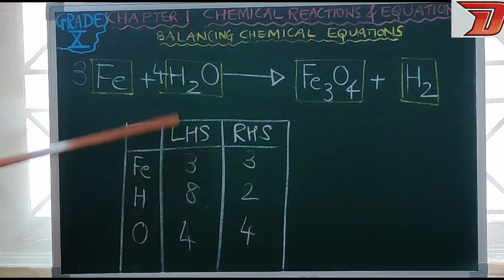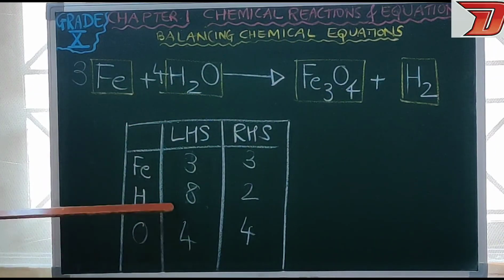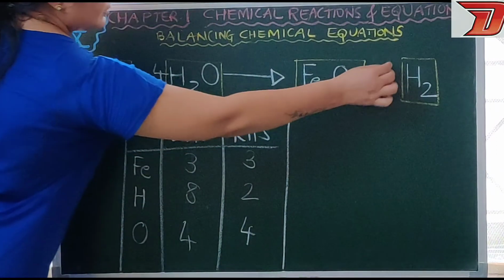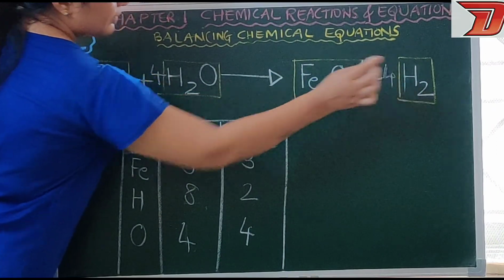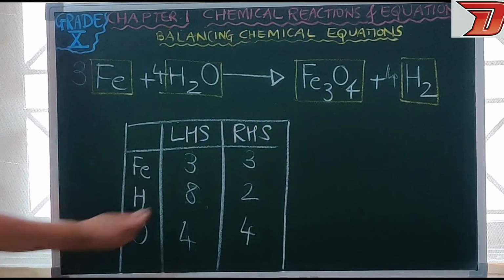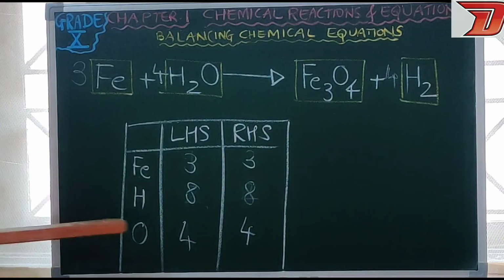The number of oxygen atoms is 4 here, and that side also 4. So what is to be balanced now? This hydrogen. So what can be done here? On the right side, we have to do some correction. Like this. Now, the right side also, the number of hydrogen atoms has become 8.